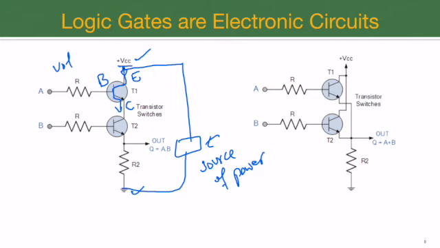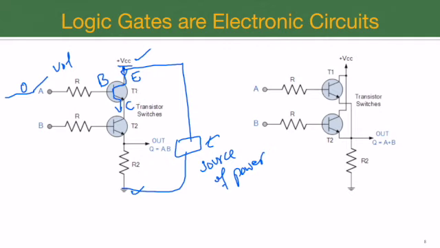The current does not flow from emitter to collector unless some voltage is applied to the base. So if I have a zero value over here, that means I am not applying any voltage. This circuit is open, and therefore the value on the collector will be 0.